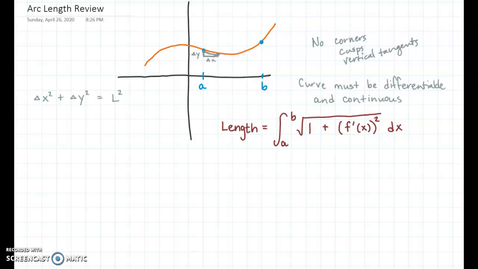I'm going to do a little manipulation at this point, just to kind of see where this arc length formula comes from. I notice that the arc length formula has a derivative in it, and I know that derivative is dy over dx. So at this point, I'm just going to divide everything by delta x squared.